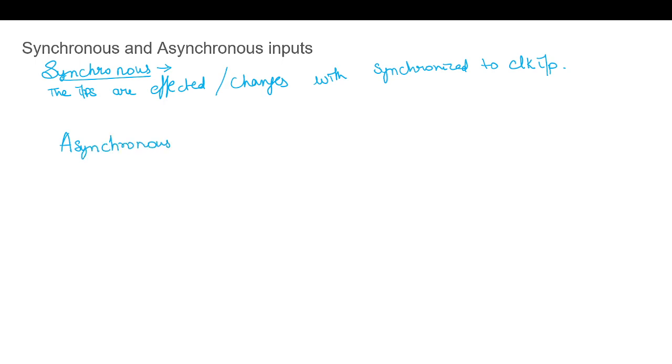means inputs that operate independently of the synchronous input or the clock.